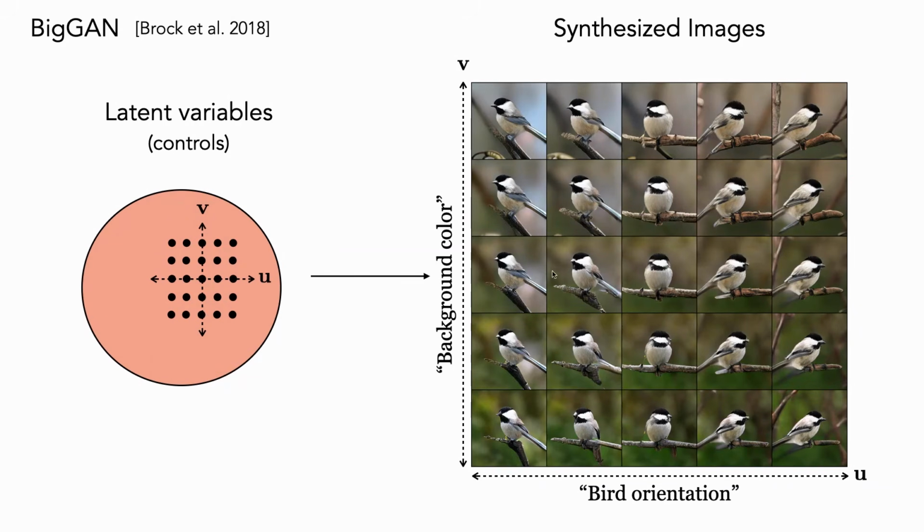And here's just an example from a model called Big GAN, where there's one direction in latent space that controls the orientation of the bird and one direction that controls the background color. And you'll see this over and over again in all the types of generative models that we have talked about.